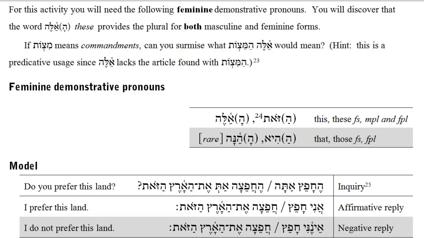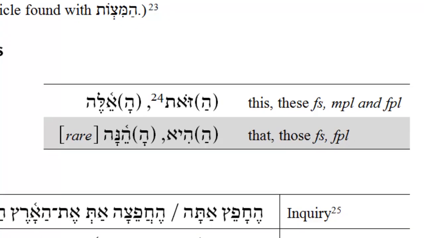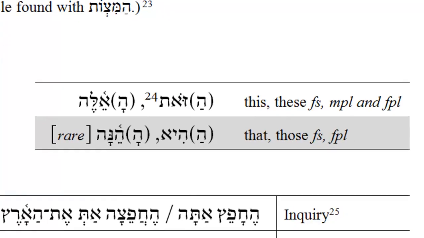Here then are the feminine demonstrative pronouns. Zot, ele. These are the words for this and these when modifying feminine nouns, respectively. You may notice that the word ele for plural is the same word that you used for these when modifying a masculine noun.